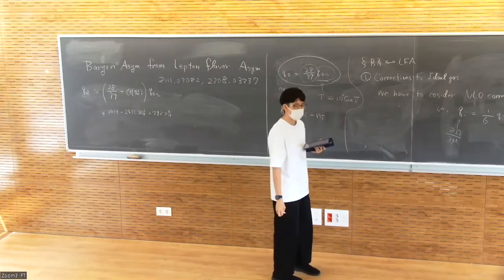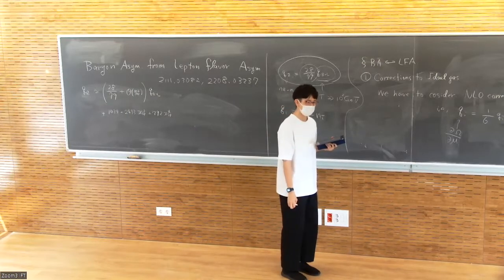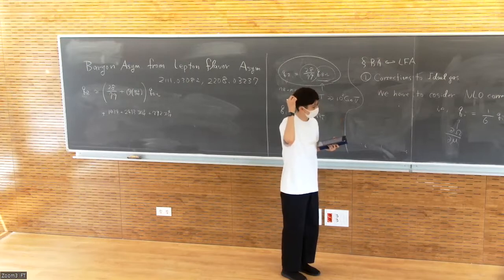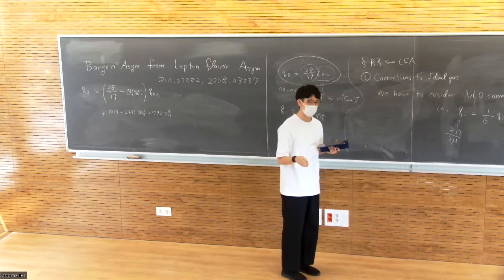I guess I'm confused because the flavors are in equilibrium, right? So how can the flavor asymmetry have any significance? For instance, if you look at the one loop correction to some Baryon propagator, then it depends on Yukawa, right? So for instance, thermal mass depends on the Yukawa coupling.